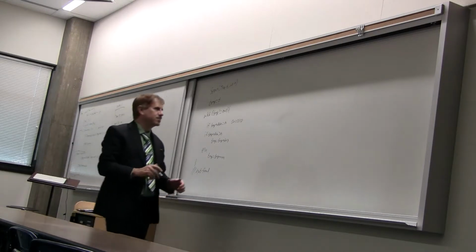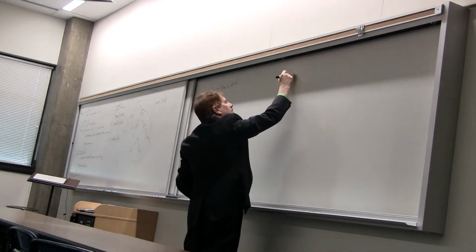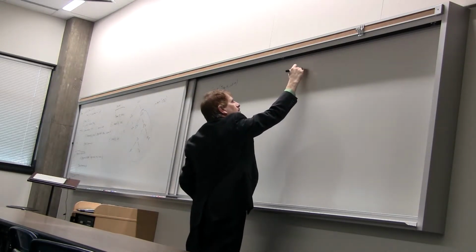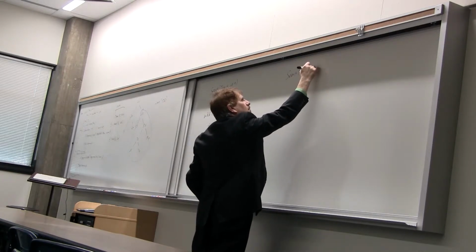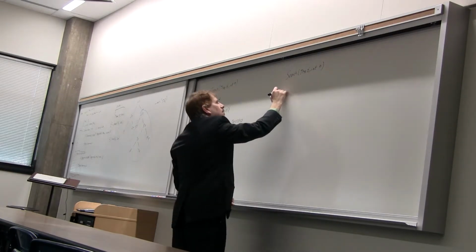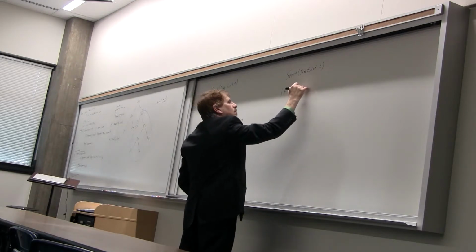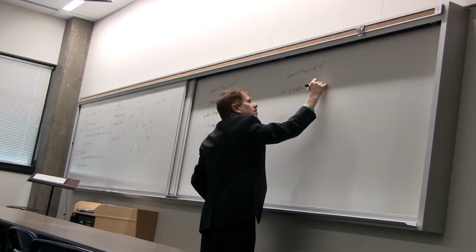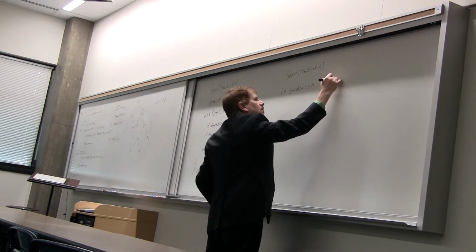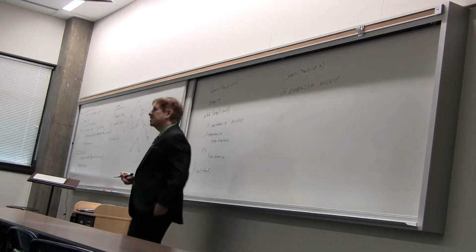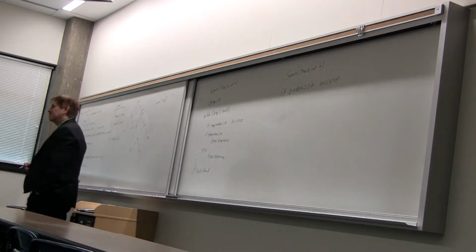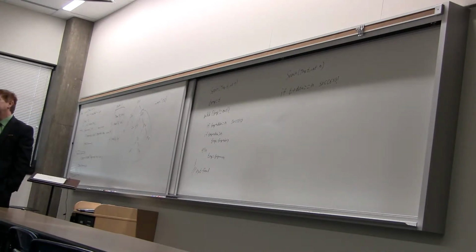Here's a recursive one. So if the root data happens to equal our number, we're done, we found our number. We got lucky, it was right at the root.